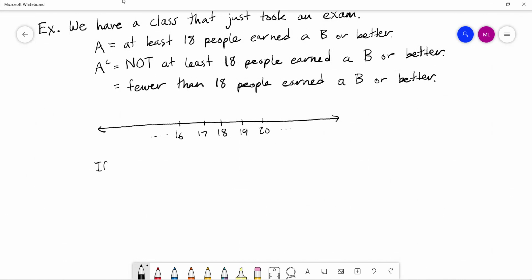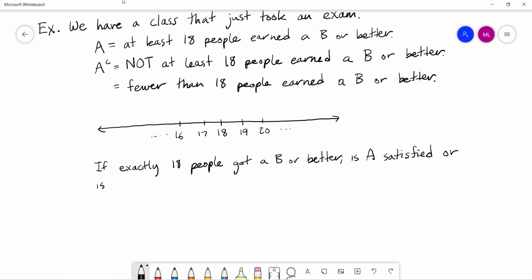So if exactly 18 people got a B or better, is A satisfied or is A complement satisfied? Which one of the two is satisfied in that particular case?